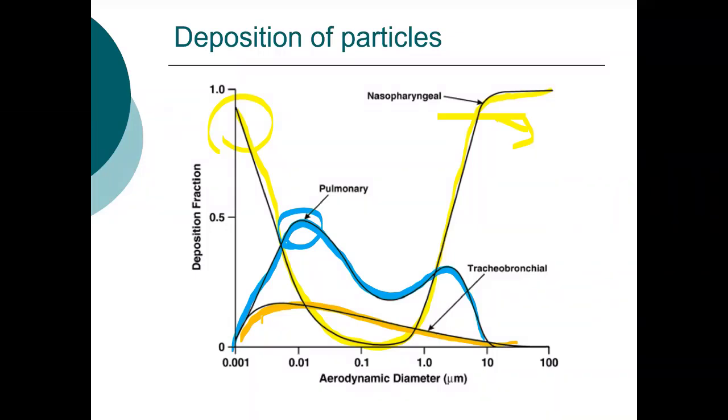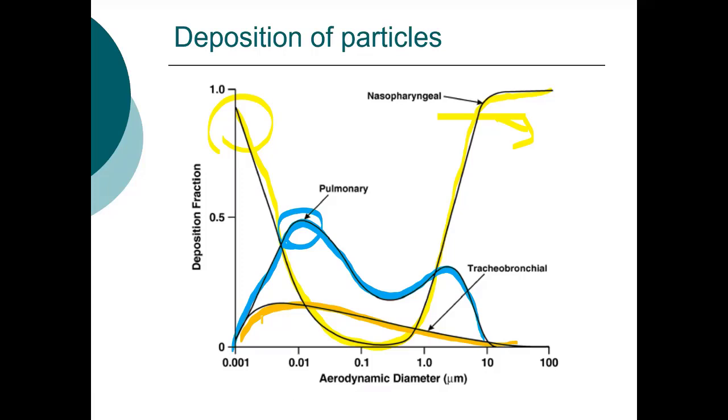Larger particles, as mentioned, deposit in the larynx, and that's where these larger particles would be removed. It gives you some sense of the differences in how these particles are removed.